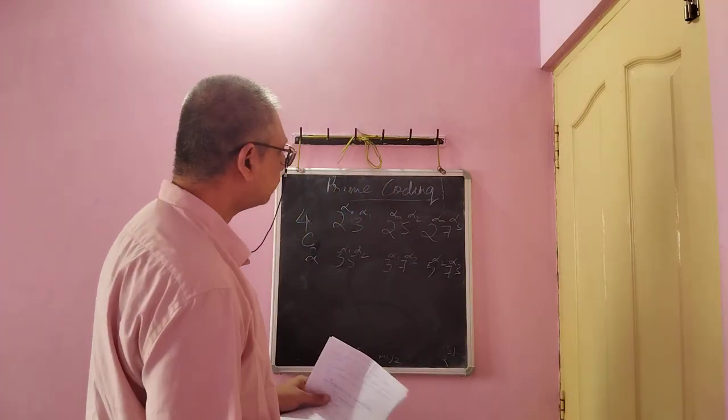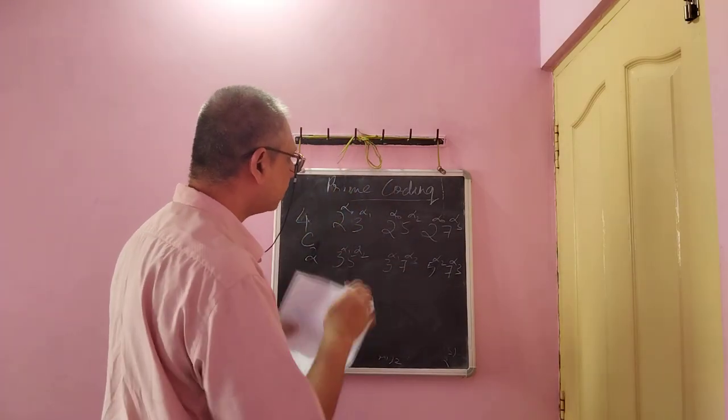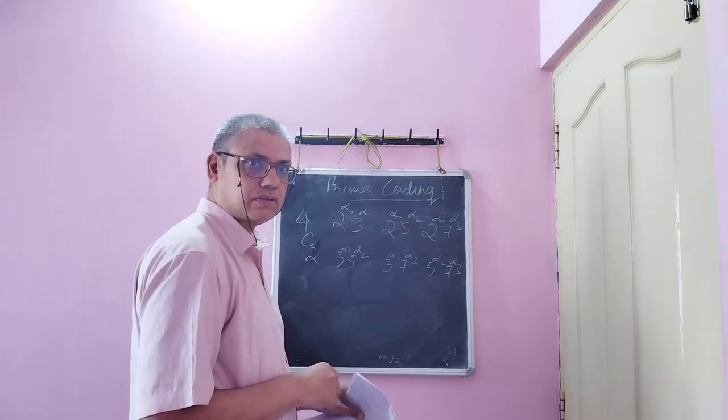So these are the 6 possible combinations. For each of these we try and find a bound.